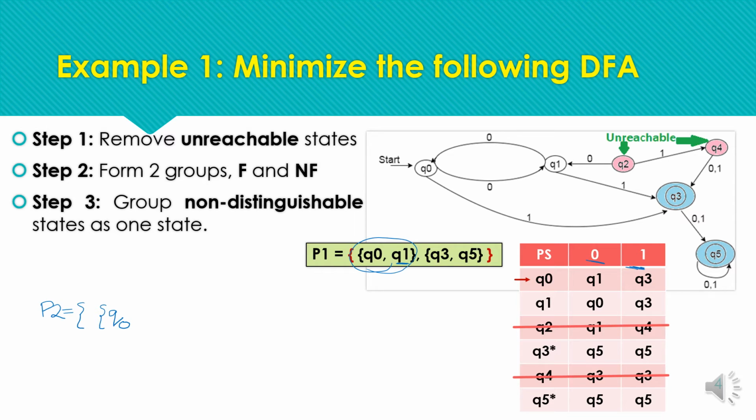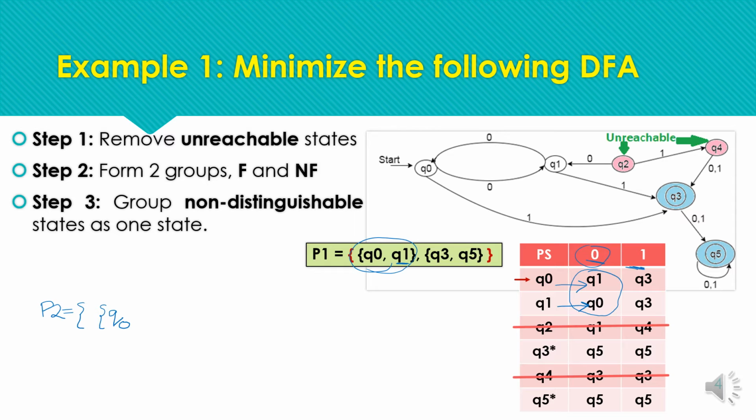Starting with the process, from Q0 we have a transition to Q1, and for Q1 we have a transition to Q0. So the resulting states Q0 and Q1 for input symbol 0 belong to the same group in partition 1. Whenever we are working with partition 2, we have to check the grouping in partition 1, and for each input symbol the resulting states should belong to the same group in the previous partition.